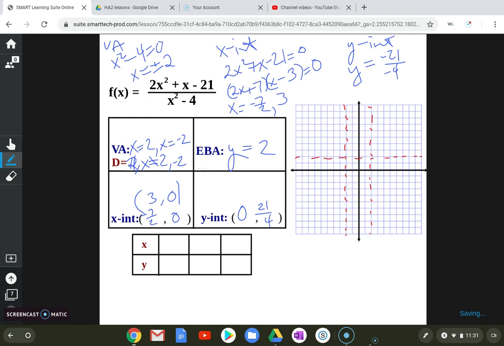All right, let's plot some points. So we have a point at (3, 0). You know what, I'm going to switch colors here. So (3, 0), negative 7 halves is just negative 3.5, 0 right here. And then (0, 21/4), which is 5 1/4. 1, 2, 3, 4, 5, like right around here.